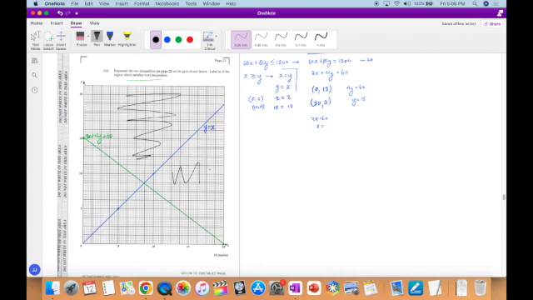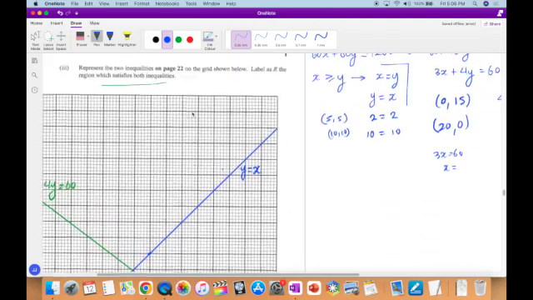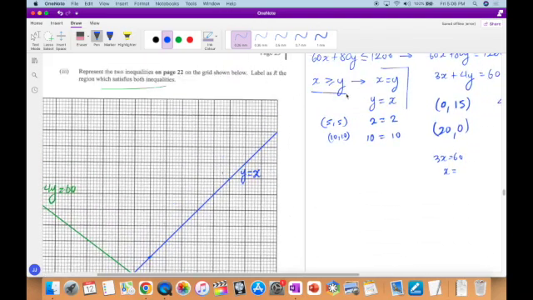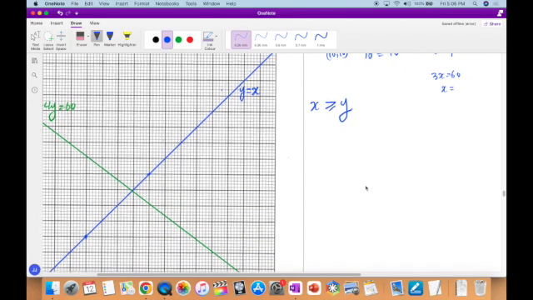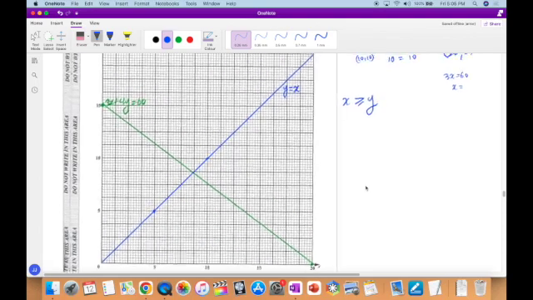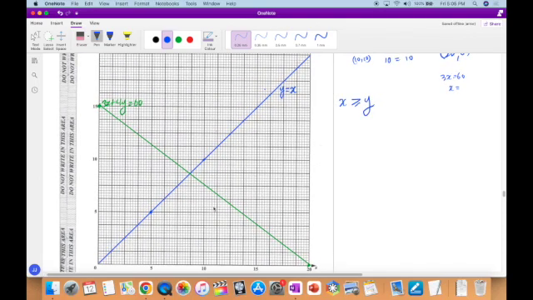This one, this one, this one, and this one. So which one of those regions satisfy the inequalities, right? So let's try the easiest one, the blue line. And remember, the blue line, the inequality was x is greater than or equal to y.